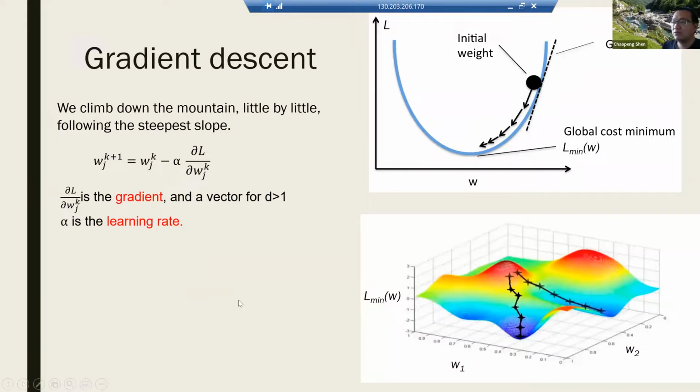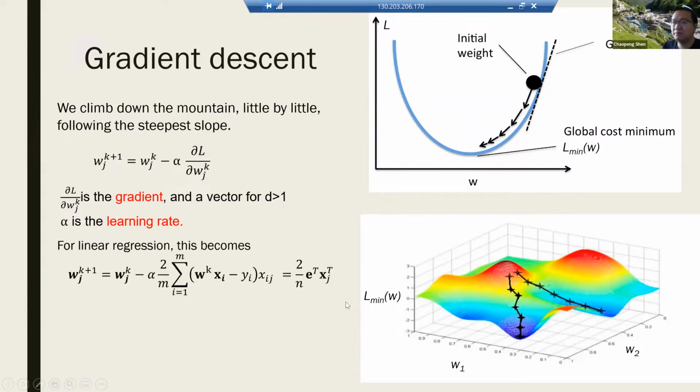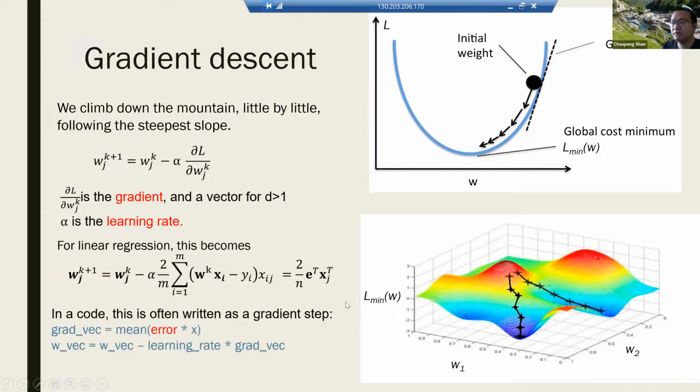So this is the formula, and again, this is how we take a walk along the steepest slope down. In the code, this is often written as grad_vec equal to the mean of the error times the x.